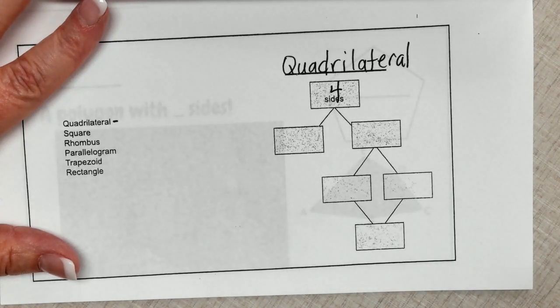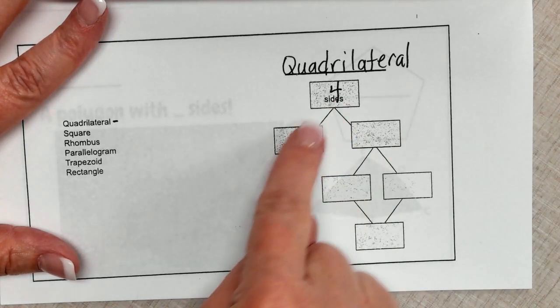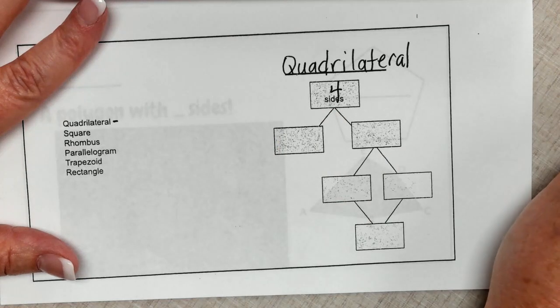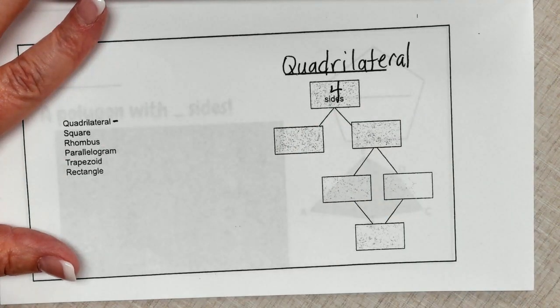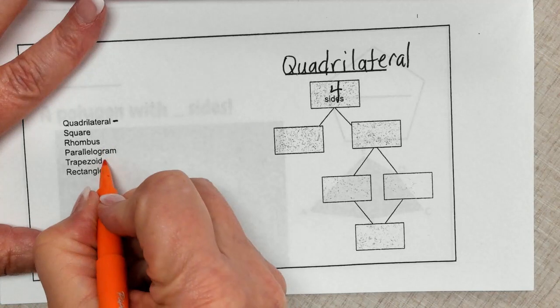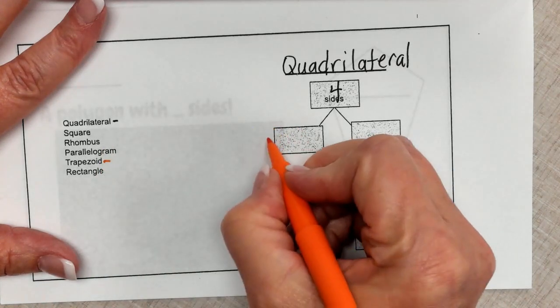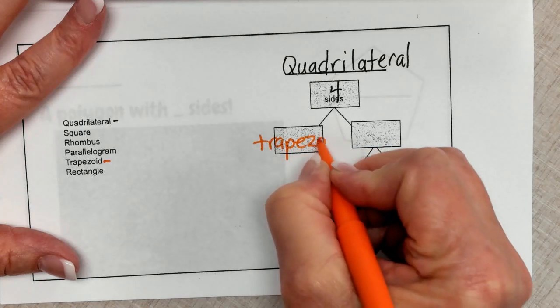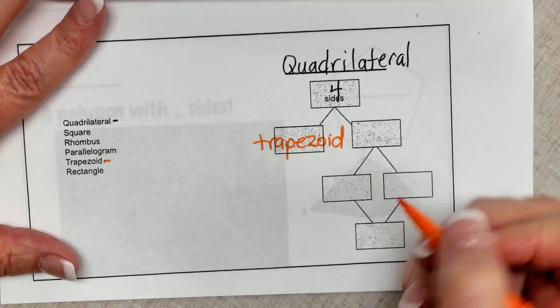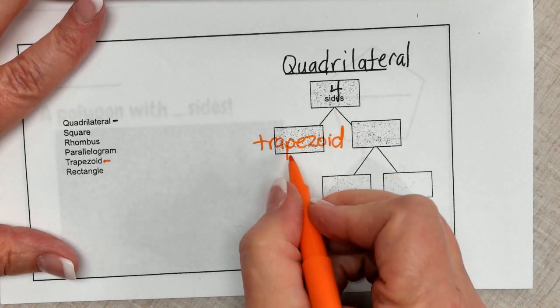Next, I'm wondering about this quadrilateral that's off all by itself. That's right. I think this could be the weird uncle from the other side of the family. I think this could be our trapezoid. Our trapezoid is off by itself.